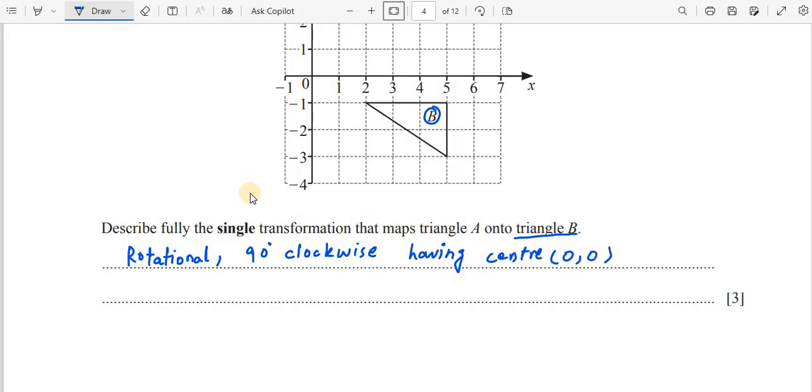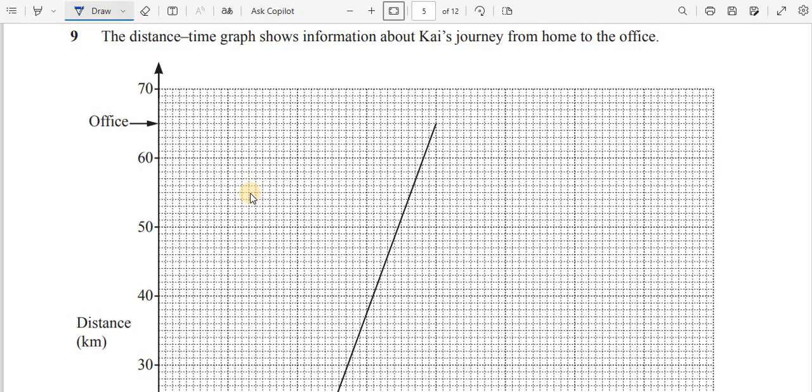Using the paper, we find the center is 0 0. Question number 9.